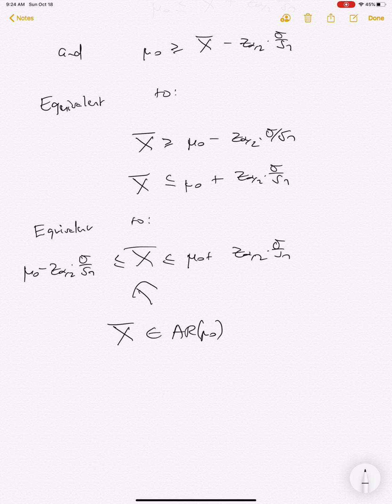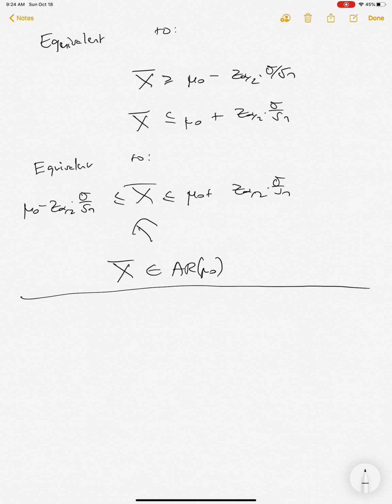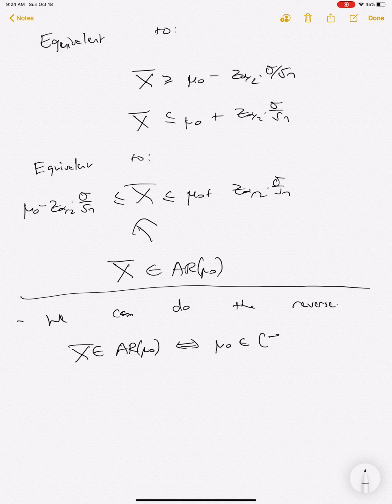Okay, and so note that we can do the reverse, and I won't do this because you can go through the calculations yourself. You can go from x bar is in AR of mu0 to mu0 is in the confidence interval of x1, x2 up to xn.